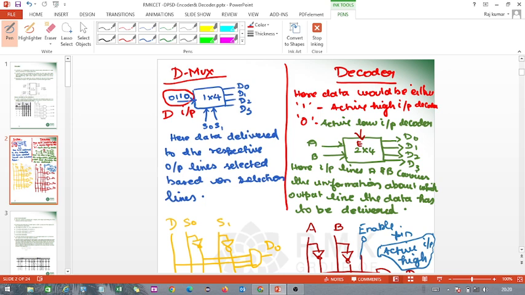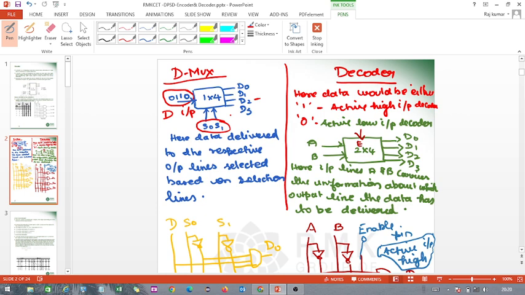Whichever data, at whichever instant, has to go to whichever output line is decided by your selection lines S0 and S1. Suppose I want the first bit to be transferred to the D2 line, that is the third line among the four.